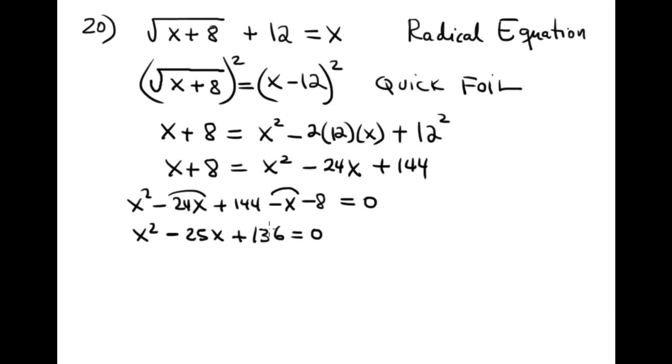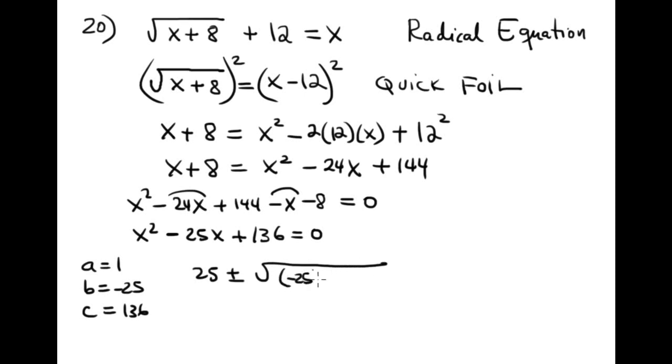I have a quadratic equation here. Let me solve it by the quadratic formula, maybe. A is 1, B is negative 25, and C is 136. So 25 plus or minus the square root of negative 25 squared minus 4 multiplied by 1 multiplied by 136, divided by 2 times 1.